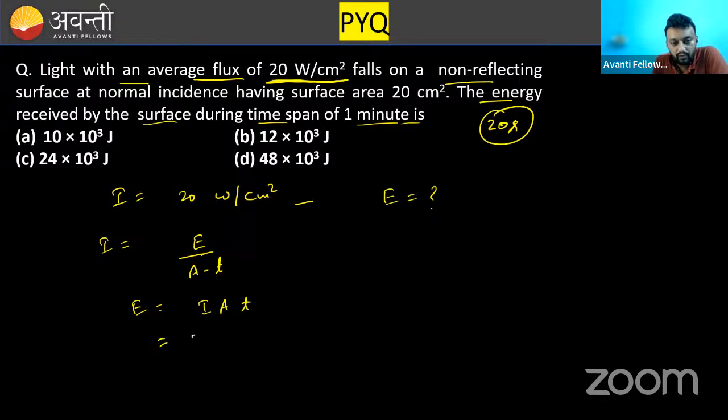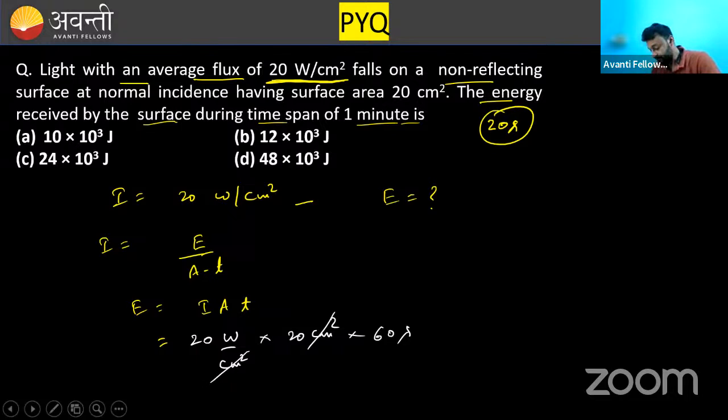I is 20 watt per centimeter square, area is given as 20 centimeter square, and time is 60 seconds, since 1 minute is 60 seconds. Centimeter square will be cancelled. So that will be 24 into 10 raised to power 3.